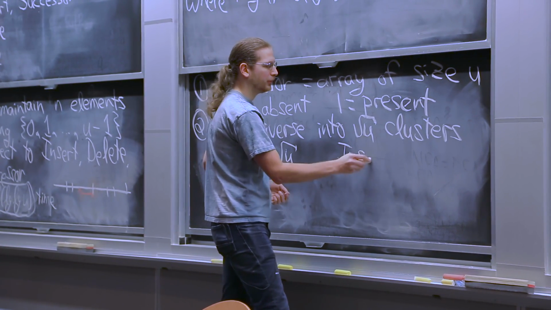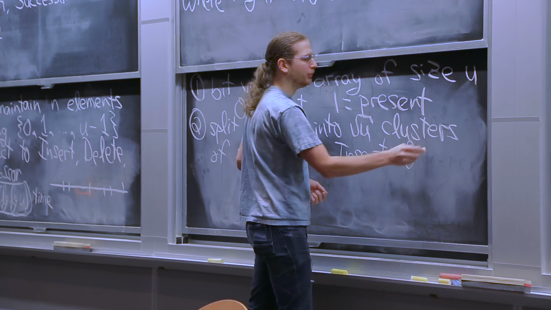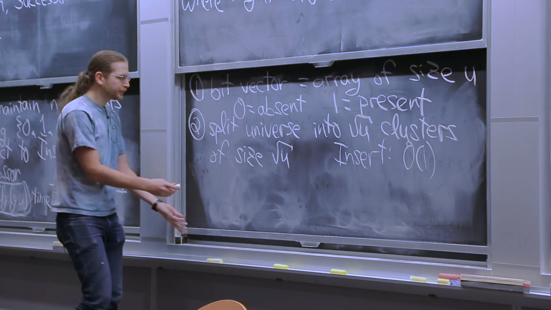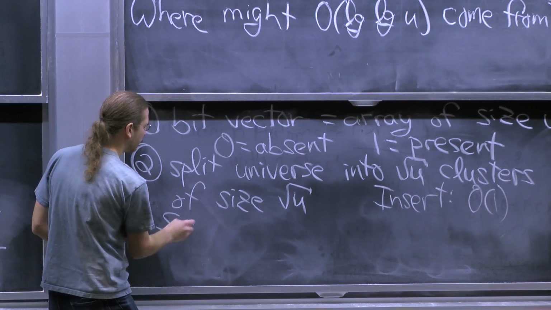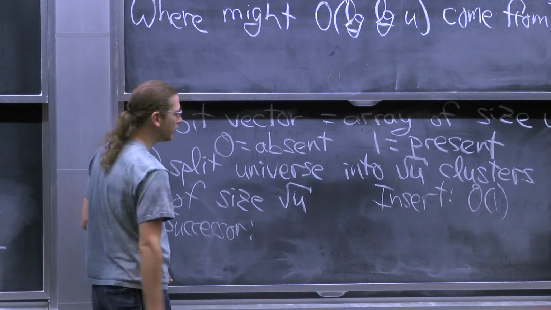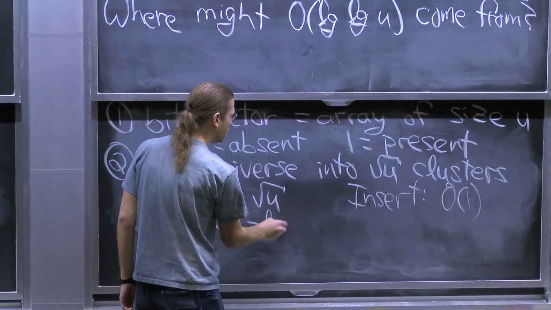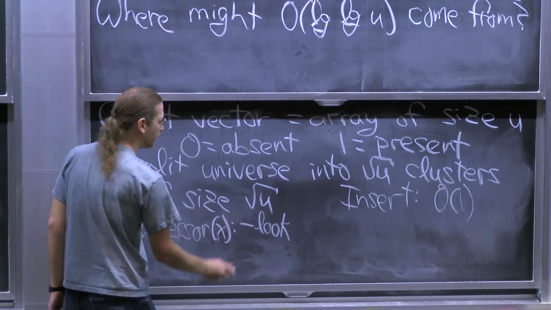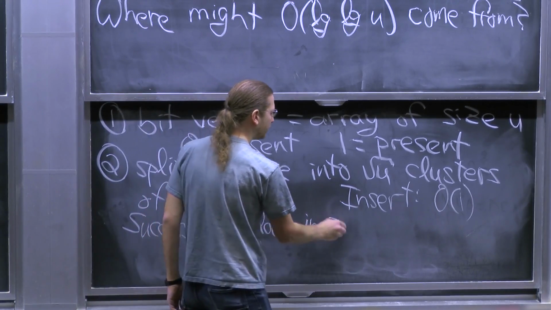So insert with this strategy is still constant time. It's 2 steps instead of 1, but it's good. Successor does 3 things. Let's say, successor of x. First thing we do is look in x's cluster.